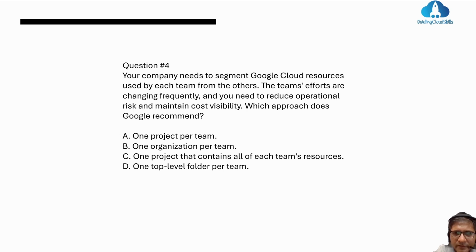Now, in this case, our right answer is A, and there are two reasons for it. One, it says that you want to maintain cost visibility. So, project-wise billing could happen and you could see how much that project has cost you. The next point, which indirectly talks about a single project per team, is reducing operational risk.